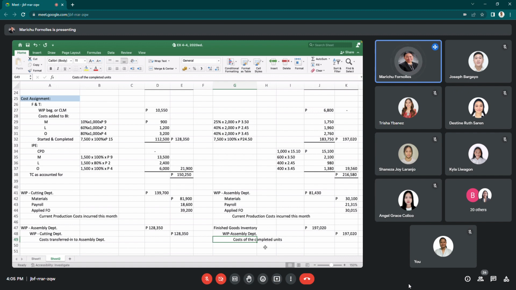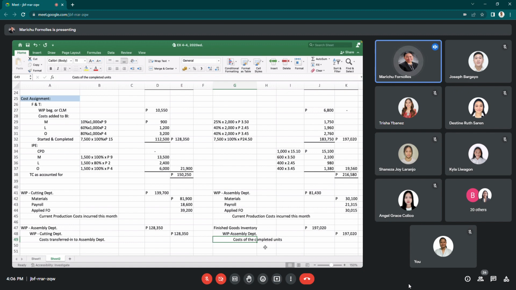Now in process costing, you determine the cost incurred in the cutting department and the cost incurred in the assembly department. Total everything, then you will know the total cost of the units completed and transferred out to the warehouse.